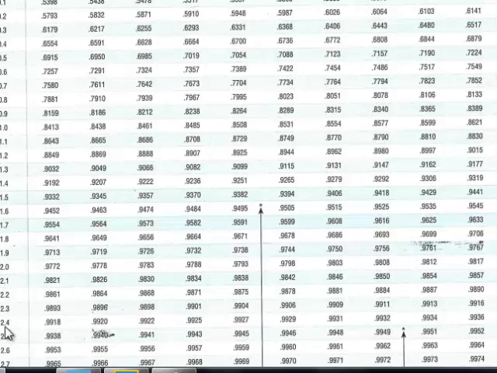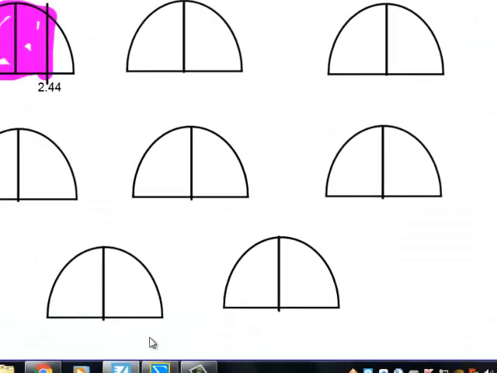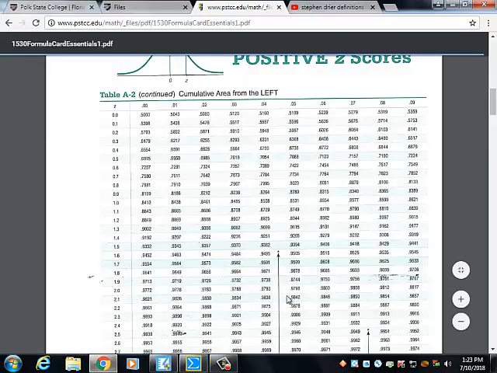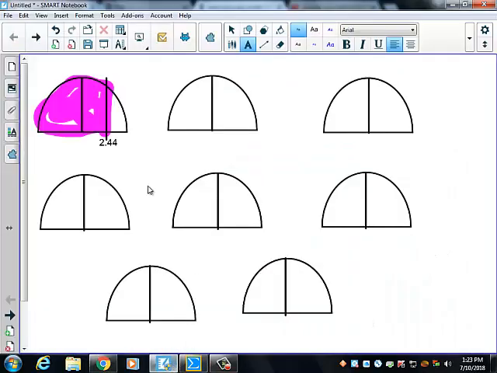So it's going to be 2.44, and this becomes my answer, 0.9927. That becomes the value for this total area here. So the answer for this one would be 0.9927.